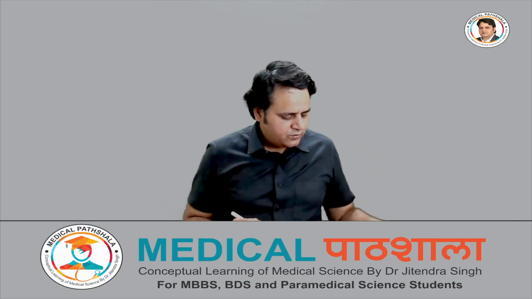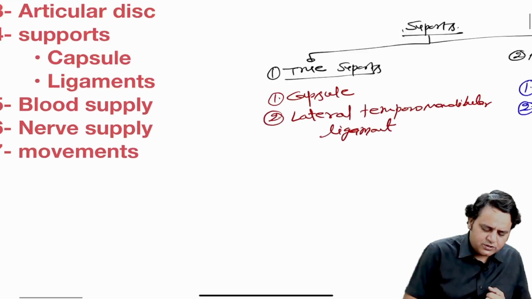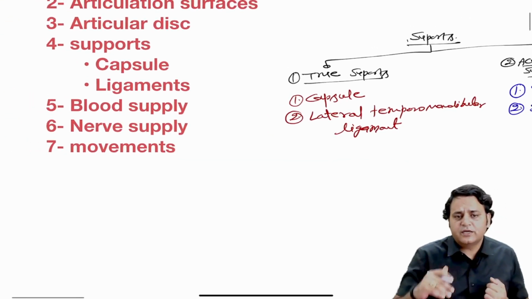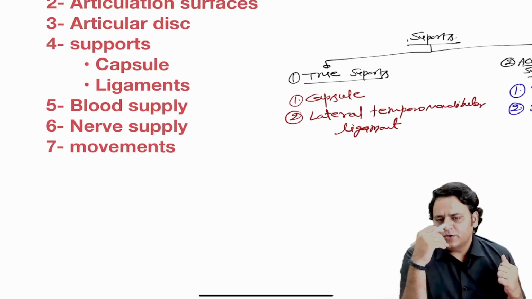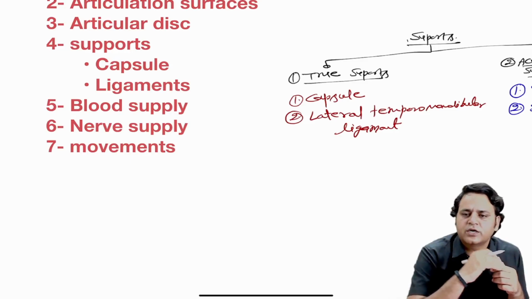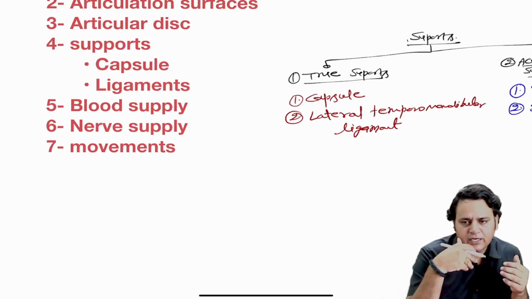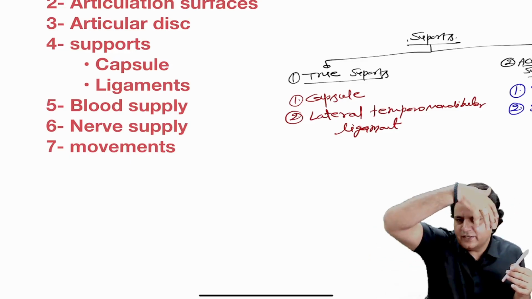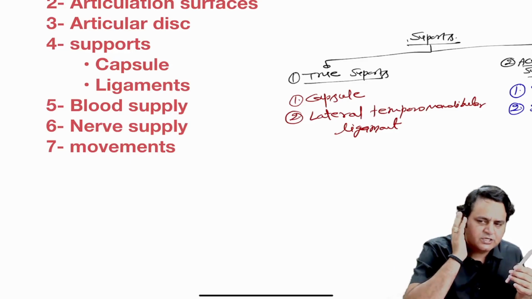Okay, now we will come to the movements. We will understand clearly, as I have told you when I taught the muscles around the face. The elevation is caused by the muscle which comes from here to here, that is temporalis.